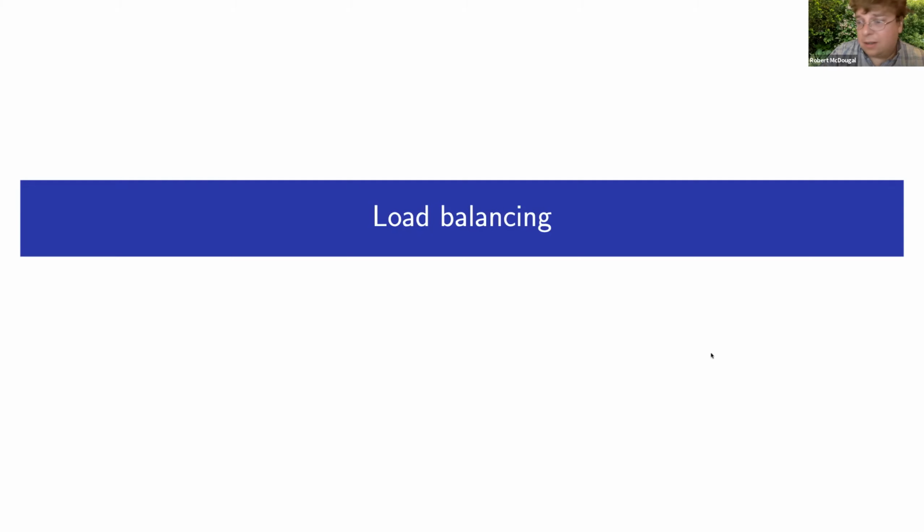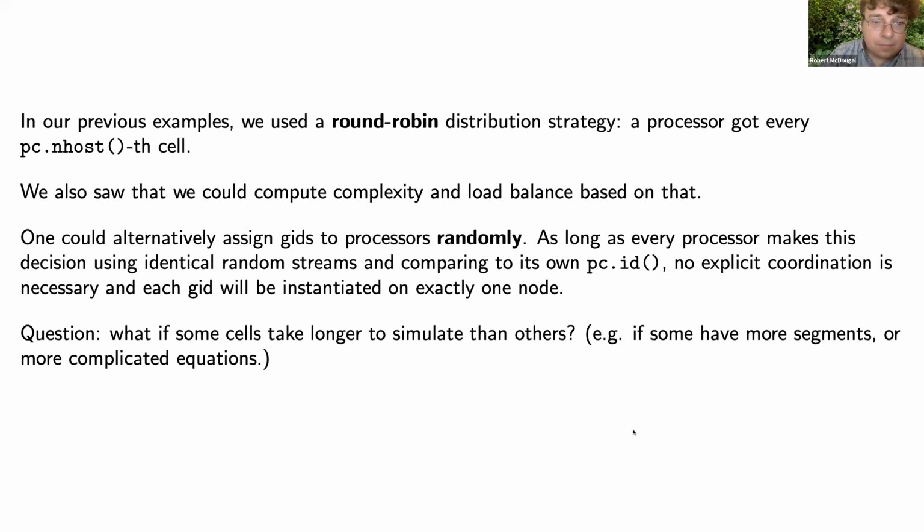Let's talk briefly a little bit more about load balancing. This is all basically things that we've already seen. One alternative that we haven't discussed is random allocation of GIDs.